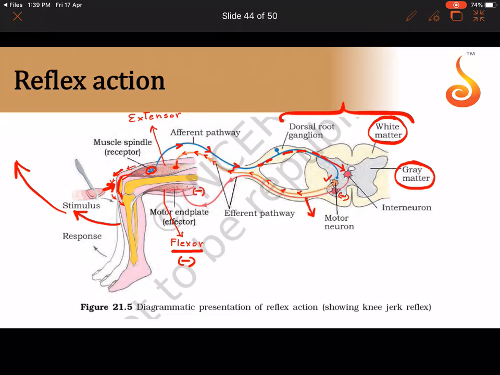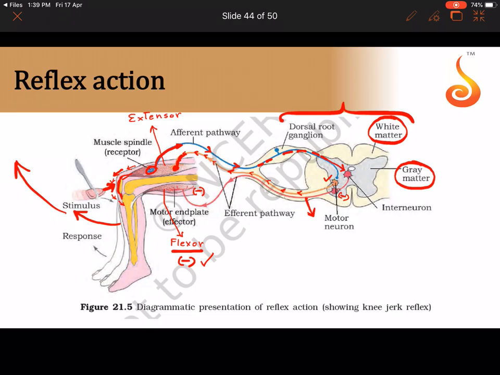So the flexor muscle is not receiving any signal, and therefore it is in a resting state. So only the extensor muscle is active, and notice from where the signal arose, there only the signal terminates. So this muscle is both the receptor as well as the target organ, or the effector, for this reflex action.